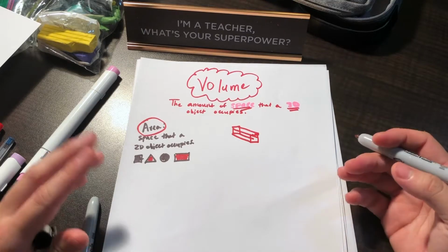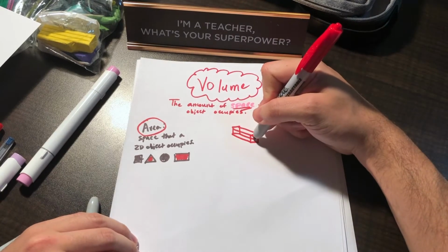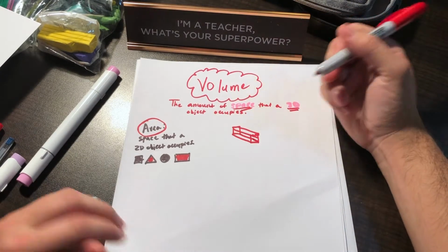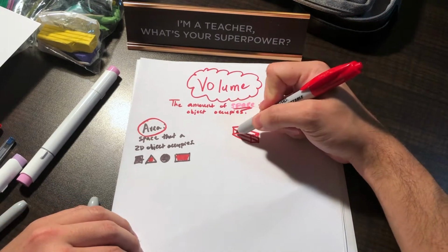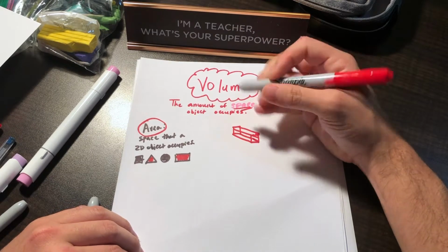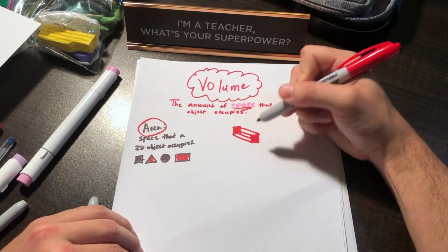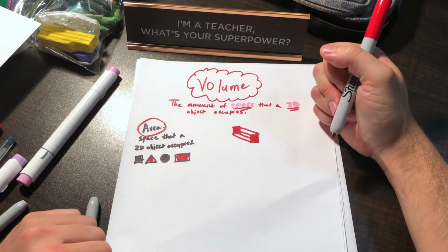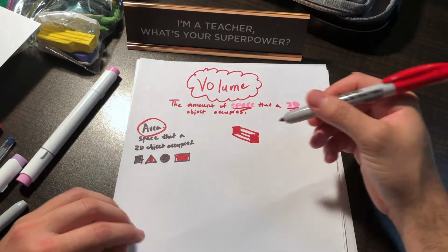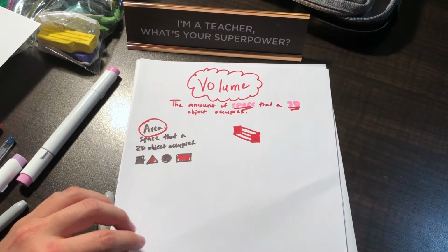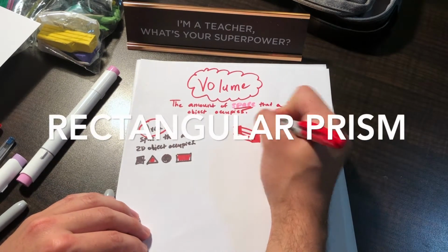All right, so this is a type of shape. I know it doesn't really make a lot of sense right now, but it's a 3D shape. We have basically rectangles all the way around, and we have these bases right here, on the front end and the back end. This is called a prism. In fact, this is called a rectangular prism.